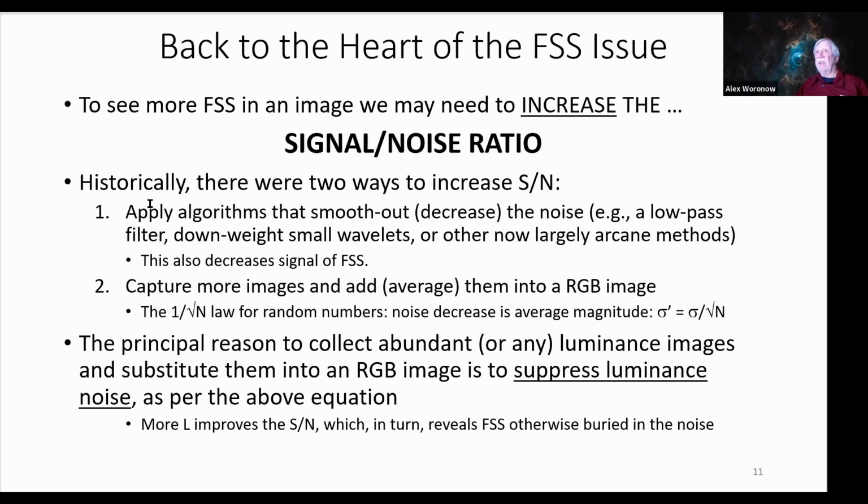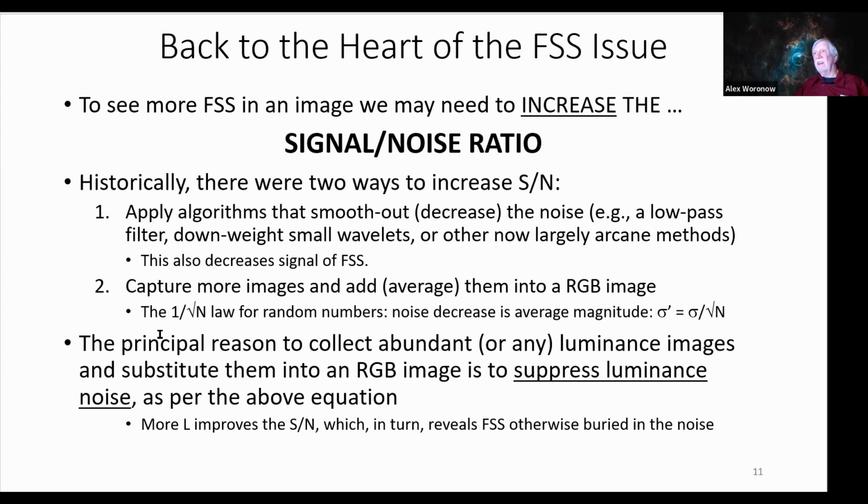Another way to decrease the noise historically is to capture more images and average them together, which we do in the stacking. That would be, for instance, more R, G, and B images. As we capture more and more, there's a 1/√n law for decreasing the noise, where if you double n, you decrease the noise by 1/√2. And n is the number of subframes you capture.